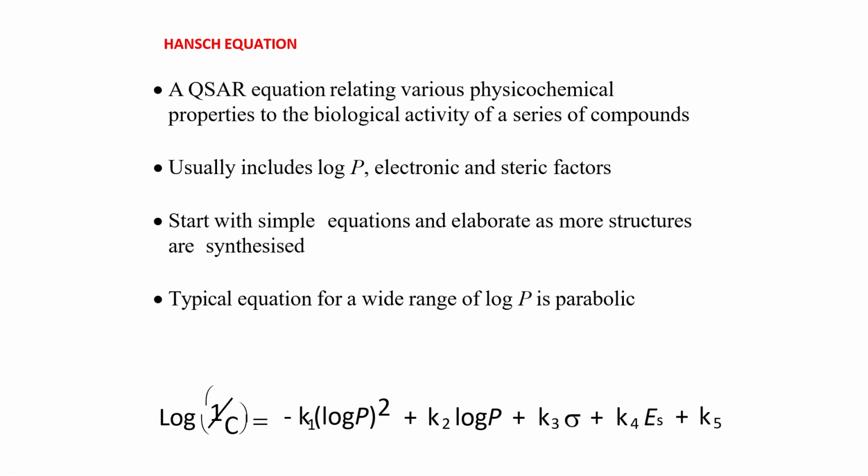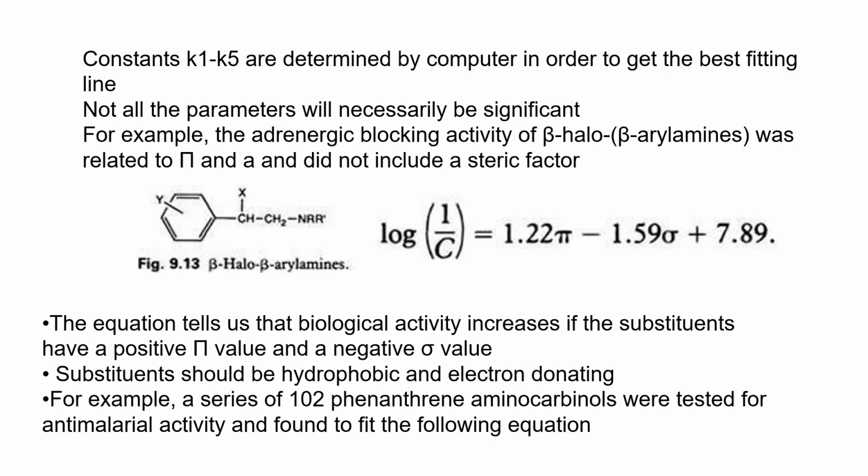Now, a QSAR equation relating various physicochemical properties to the biological activity of a series of compounds usually includes log P, electronic and steric factors. It starts with a simple equation and is elaborated as more structures are synthesized. This equation for a wide range of log P gives a parabolic shape of graph.